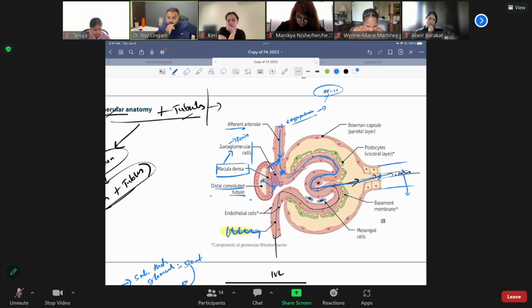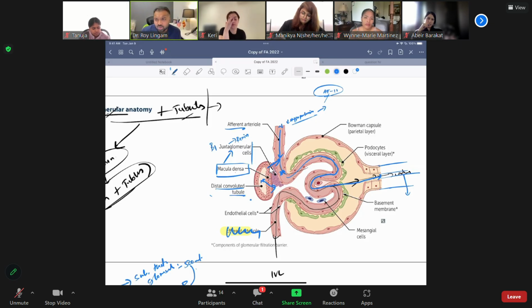Come on, folks. What receptor do we have in JG cells? What is it? Beta 1. Okay, Beta 1 is in there.